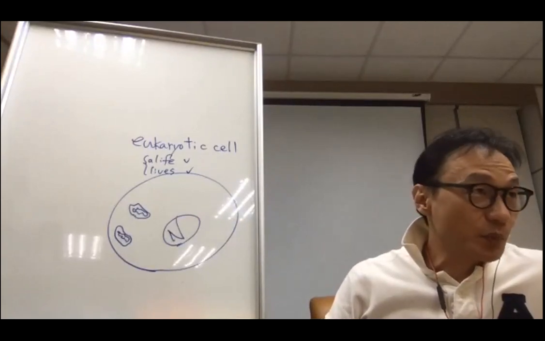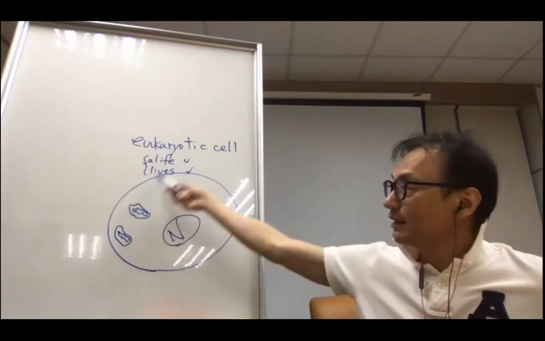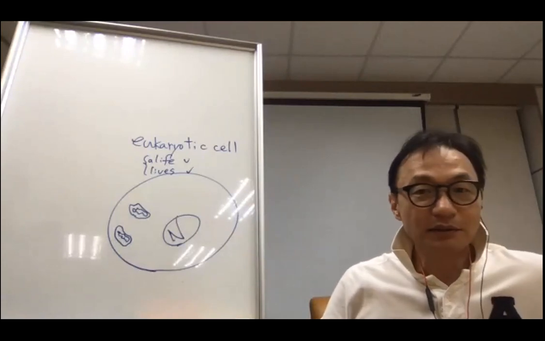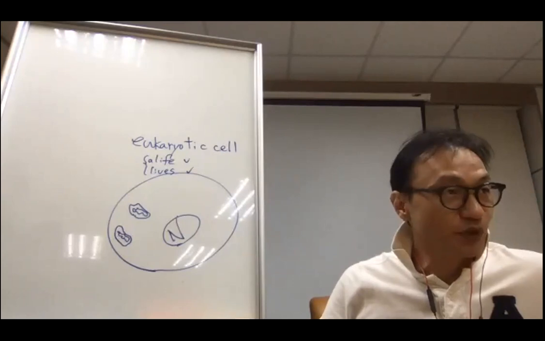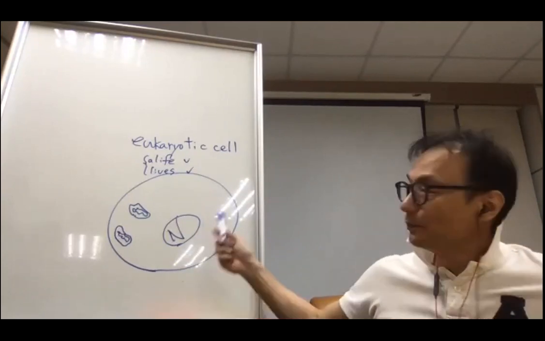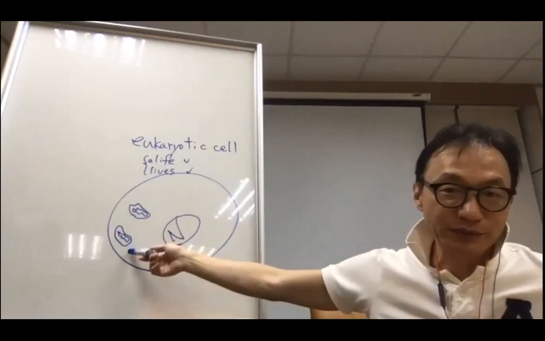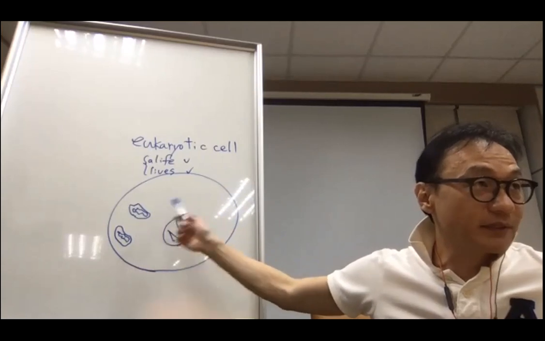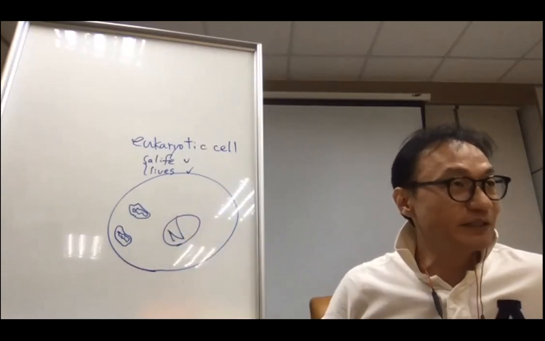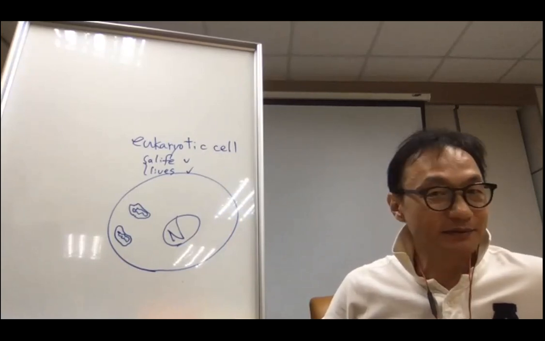So this is very important because the bigger cell can survive without mitochondria, because the bigger cell can produce ATP without oxygen, right? But when the bigger cell owns mitochondria, the mitochondria help the cell have greater efficiency in producing ATP, right?